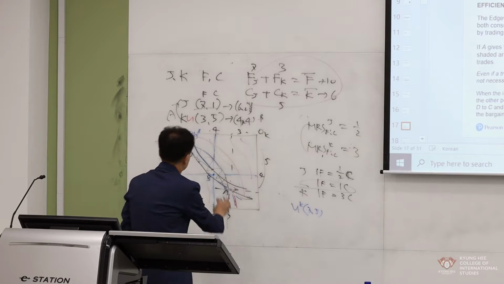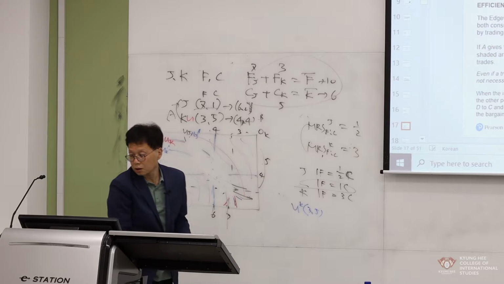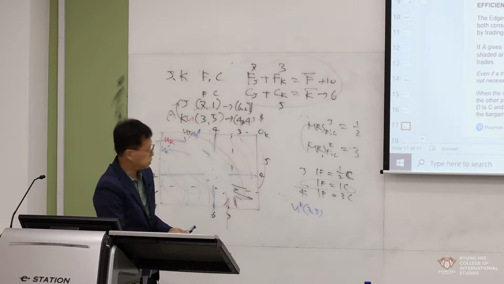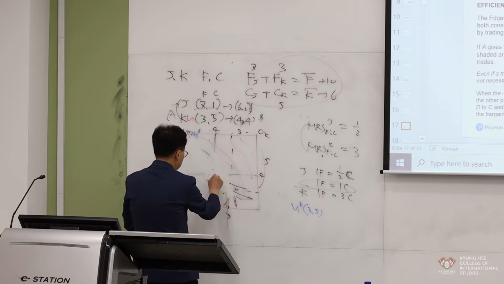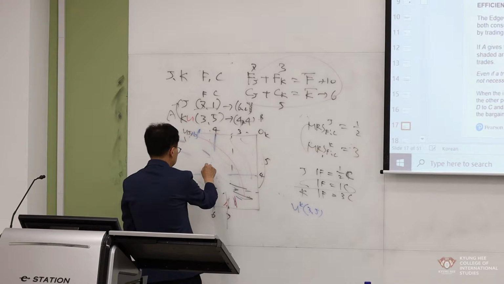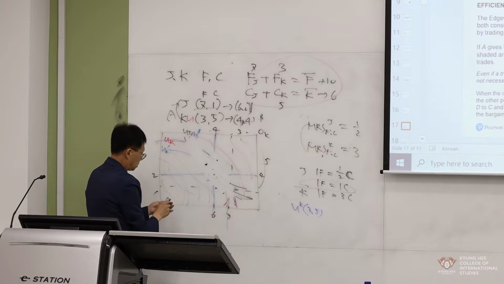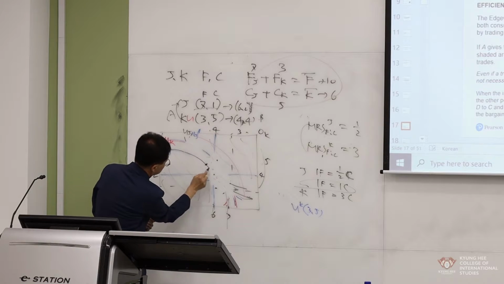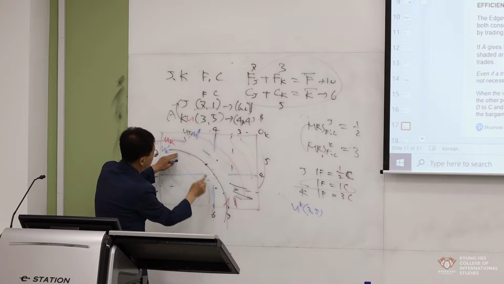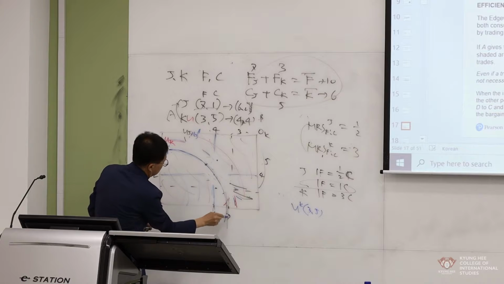Okay, I'd like to draw a different way, right? This is A, B, and C, D. At this point, for example, Karen's indifference curve is like this, right?